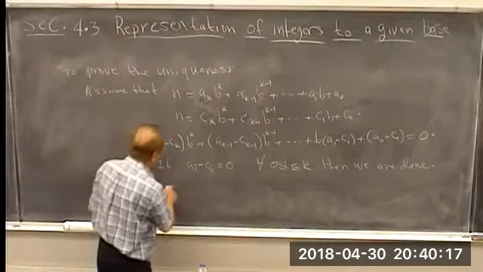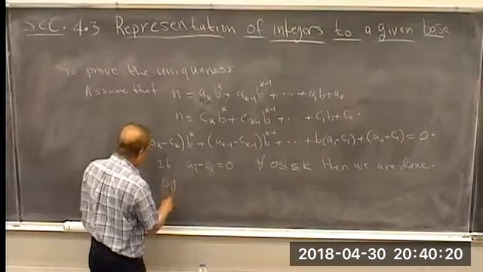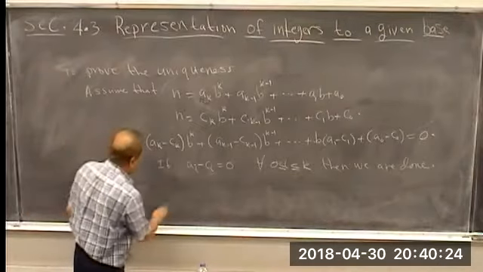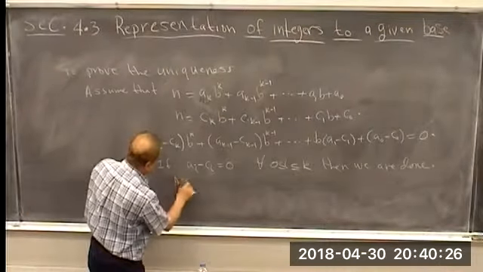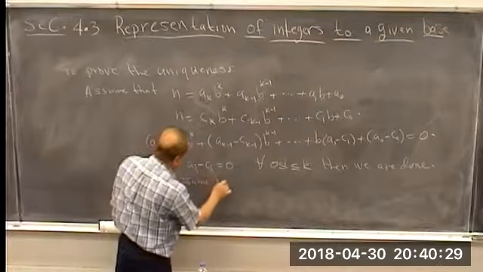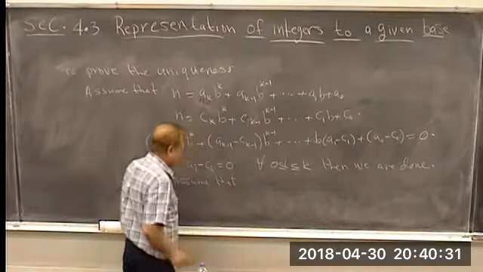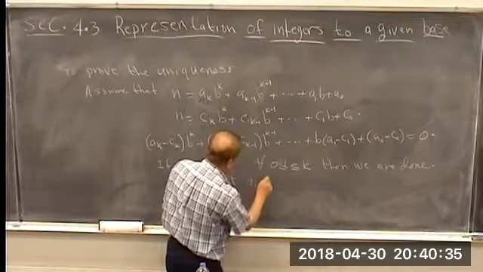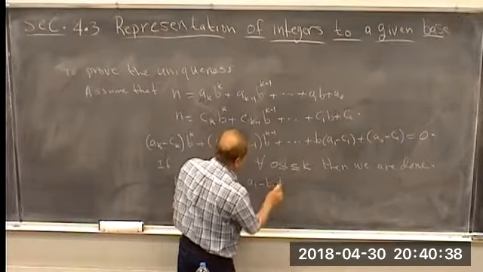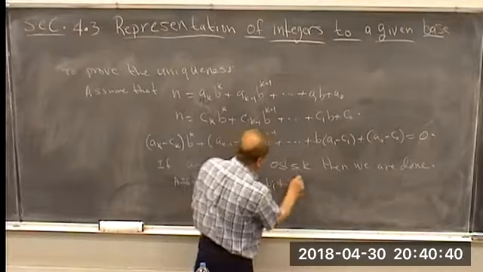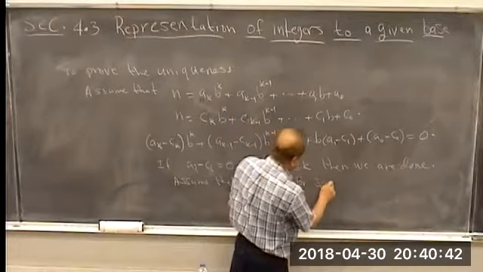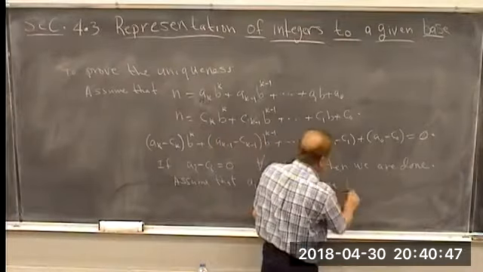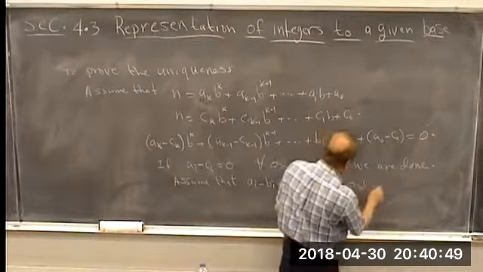By contradiction, otherwise, assume that a sub i minus c sub i does not equal 0 for some i, and again i between 0 and k.